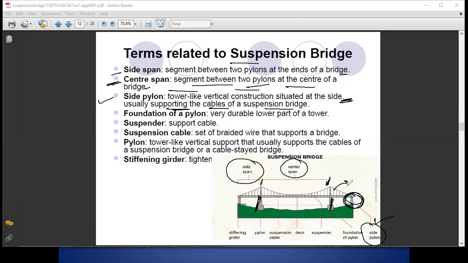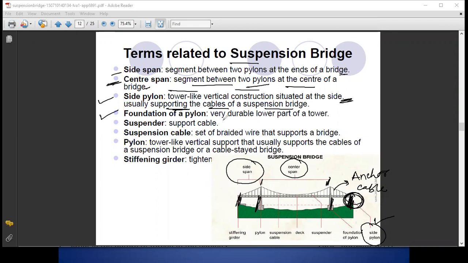So this is called your anchor cables, right? So tower-like vertical construction at the side, usually supporting the cables of the suspension bridge, that is called a side pylon or the side tower.